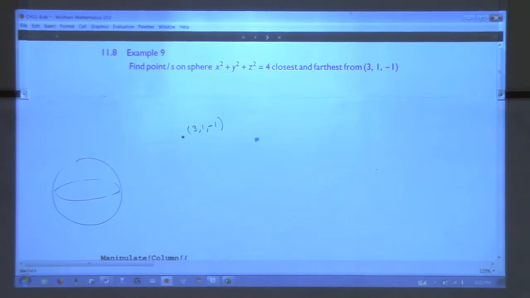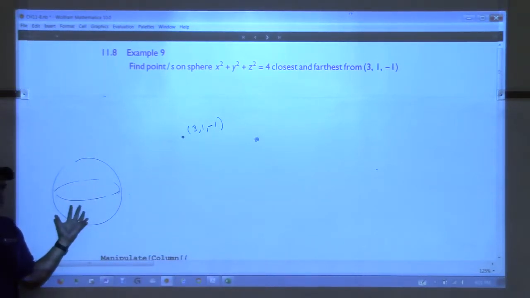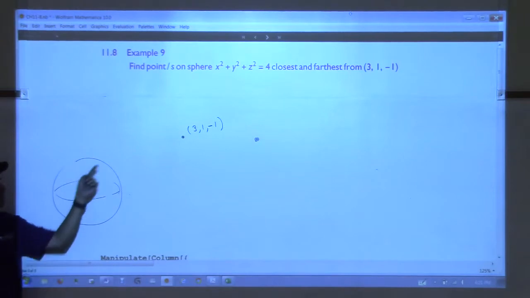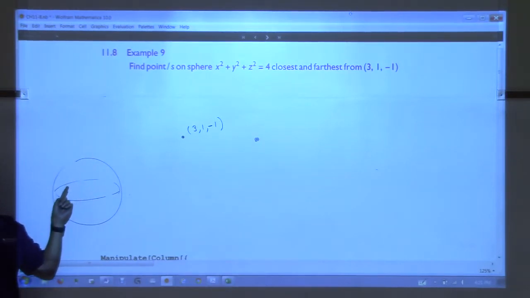What is the constraint? The constraint would be the surface of the sphere. Does it make sense that would be the constraint? Then what's your objective function? Distance between the point and a certain point, right?